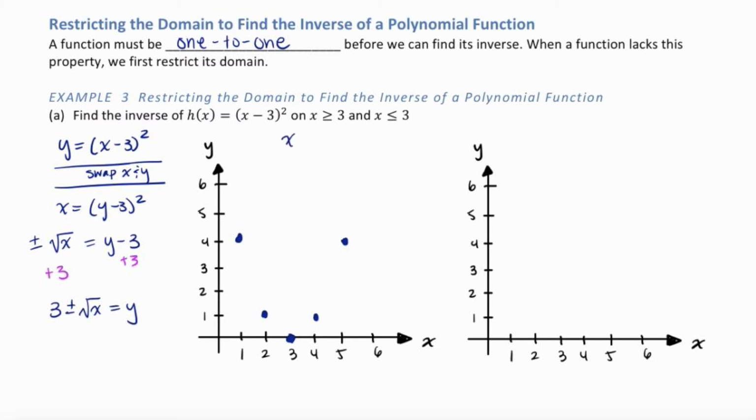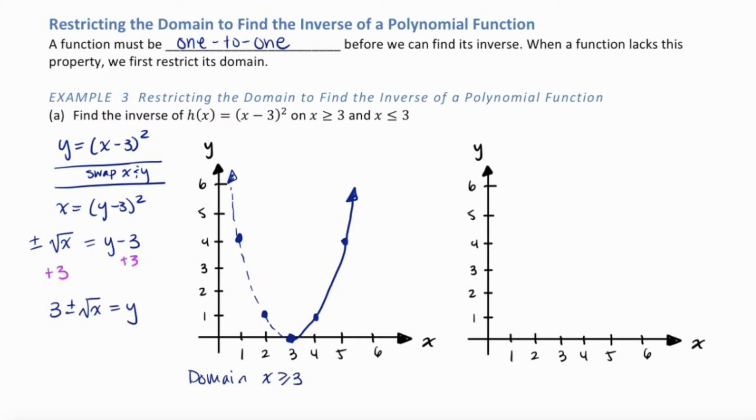And on the domain x is greater than or equal to 3, this part on the right is defined, and this part is not going to be defined on this domain. So I'm writing it in as a dashed line. So again, this is our domain, x is greater than or equal to 3.